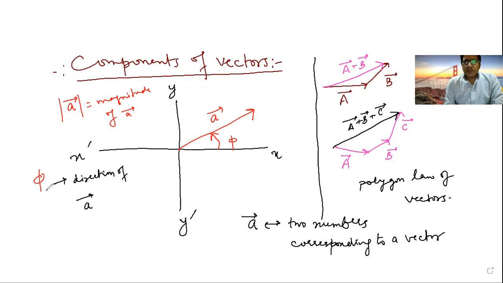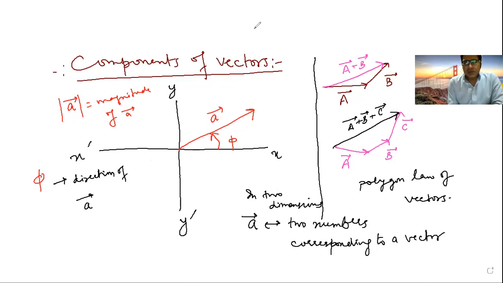And in 3 dimensions, there are 3 numbers corresponding to a vector. There also the vector has a magnitude and direction, but in 3 dimensions, to specify the direction, we need 2 angles. So corresponding to each vector, there are 3 numbers. One number specifies its magnitude and the other 2 specify the direction, right?